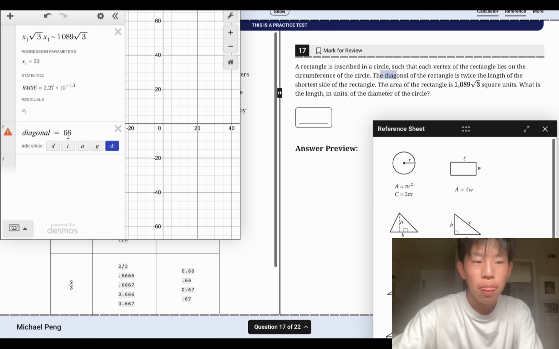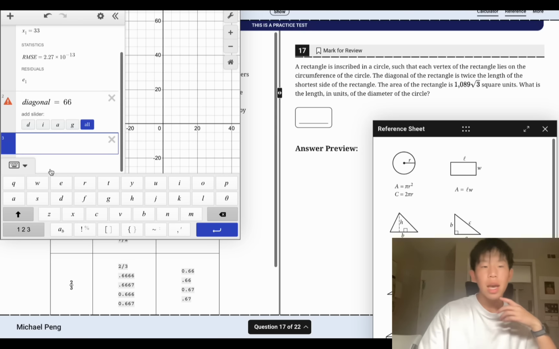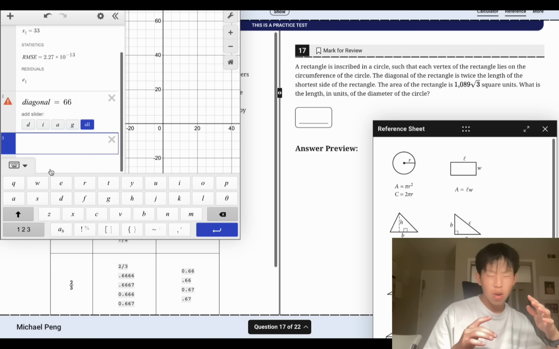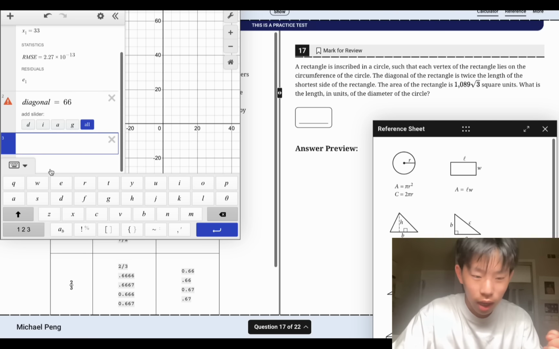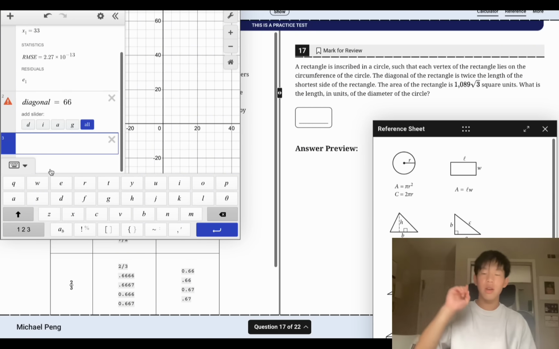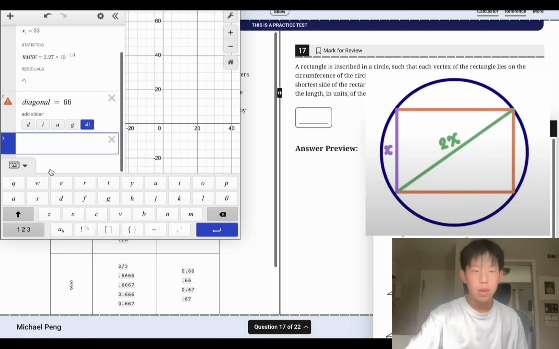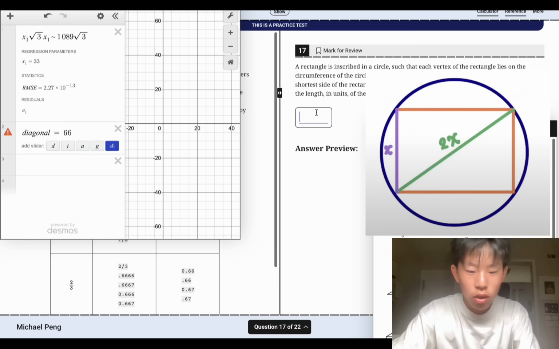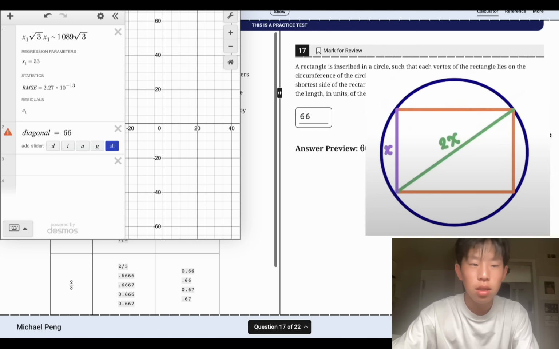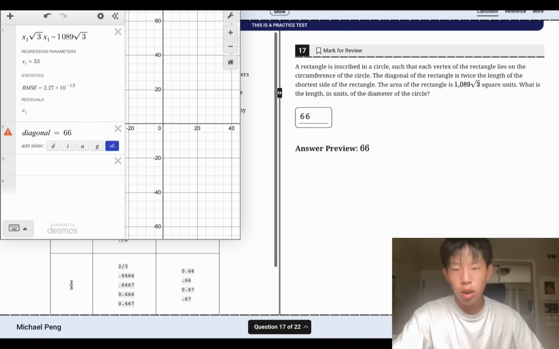Because it's twice. And now, how do we relate the diagonal of the rectangle to the diameter of the circle? Well, here's the thing. The diameter is going to equal the diagonal of the circle. I'm going to have an image right here, and you can see what I mean, okay? So the answer for the diameter of the circle is going to be 66, because it's going to be equal to the diagonal of the rectangle, okay?